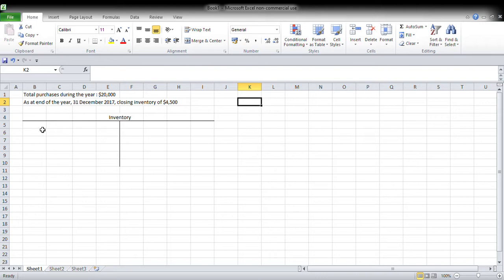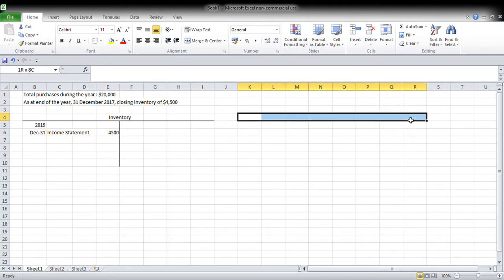Okay, it will open an inventory account, then they will put the date December 31st 2019, and it would record on the debit side because now they have inventory of 4,005. So this goes to the debit side of the inventory account.